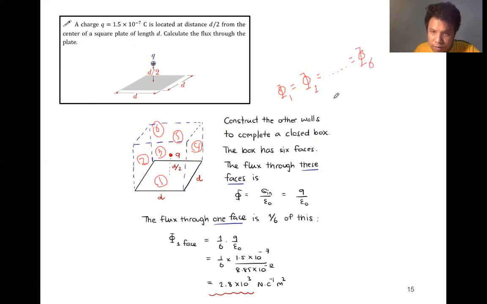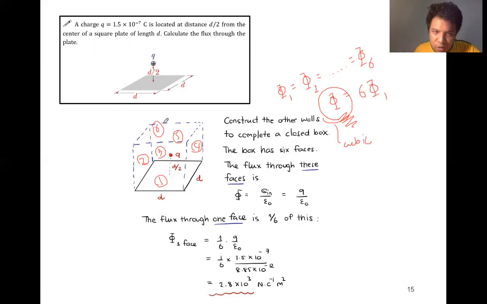So the total flux in the system would be equal to 6 times the flux through 1. So I just need to find the total flux through the cube.